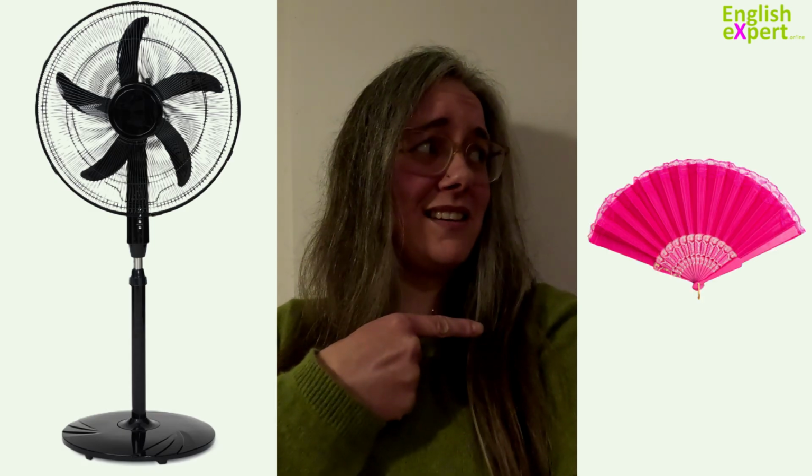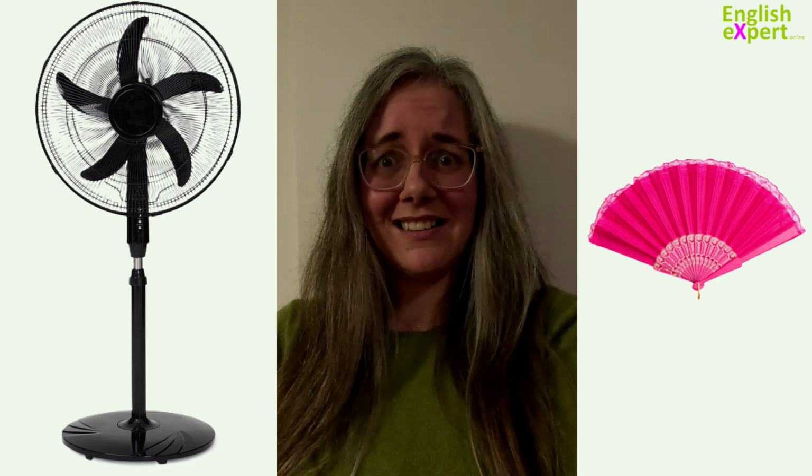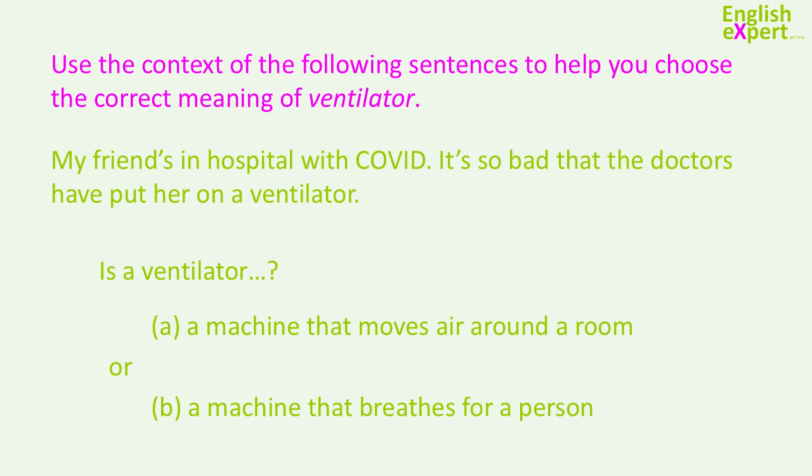So, if this is a fan and this is a fan, what's a ventilator? Use the context of the following sentences to help you choose the correct meaning of ventilator. My friend's in hospital with COVID.